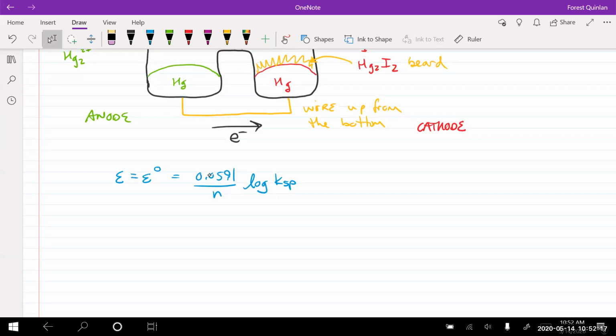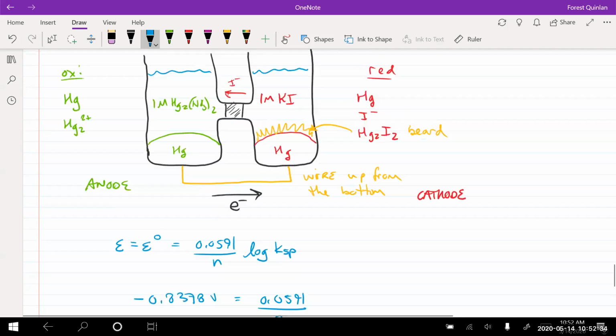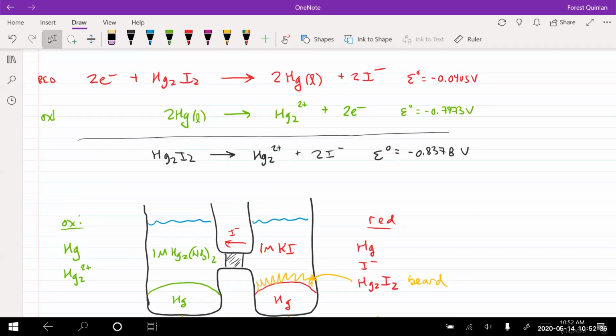All right, so at the end of the day, we have negative 0.8378 for the volts is equal to 0.0591. And here we have 2 electrons being transferred, okay? This is where the N comes in. We have 2 electrons up there being transferred.